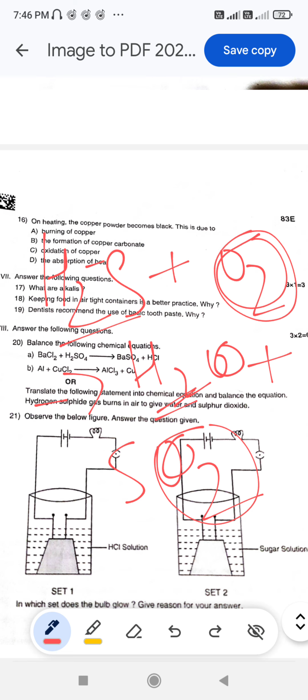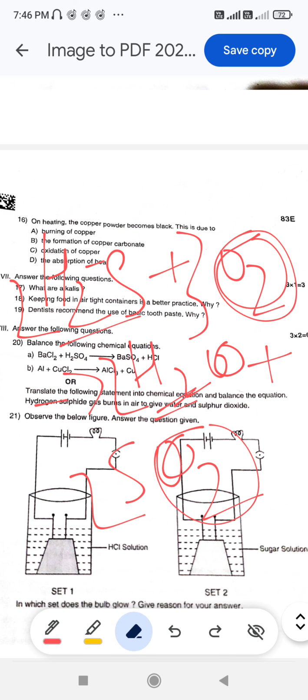For that you have to multiply H2S by 2, and oxygen by 3, and it will give 2H2O and sulfur dioxide, SO2, correct?